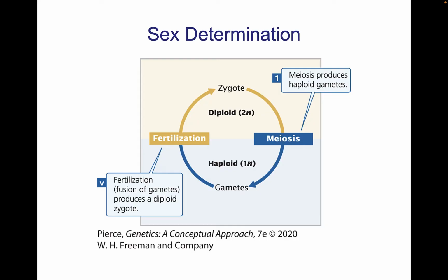But when they go through the fertilization process where they fuse together to form a zygote, that zygote now becomes a diploid organism, because it has half of its genetic components from one gamete and half from another gamete.